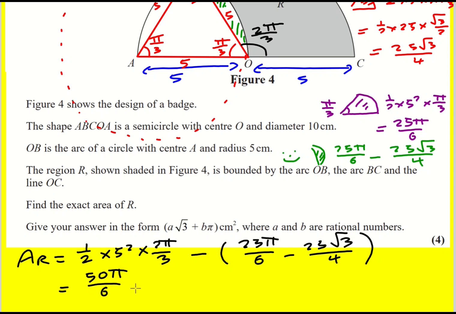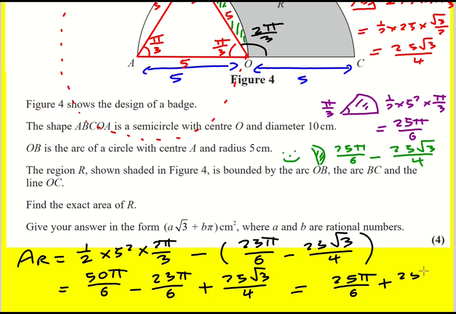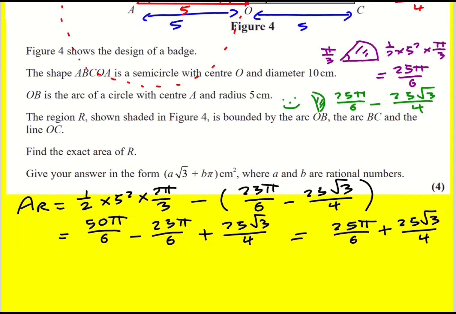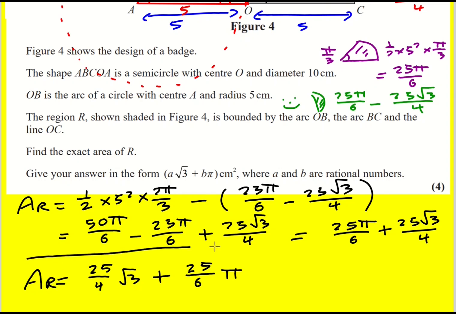So 50 pi over 6 minus 25 pi over 6 plus 25 root 3 over 4, which is then 25 pi over 6 plus 25 root 3 over 4. Let's make sure we write it in the form that's being asked for, because it was a root 3. So I'm going to write it as 25 over 4 root 3 plus b pi, where b becomes 25 over 6 pi. I don't think it'll be marked down if you left it like this, but we should try and follow the instruction and write it like this.